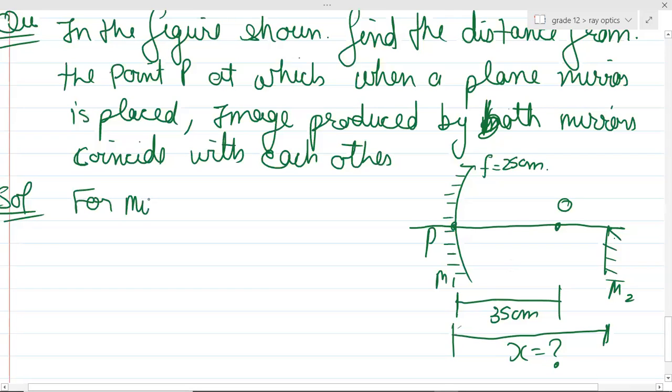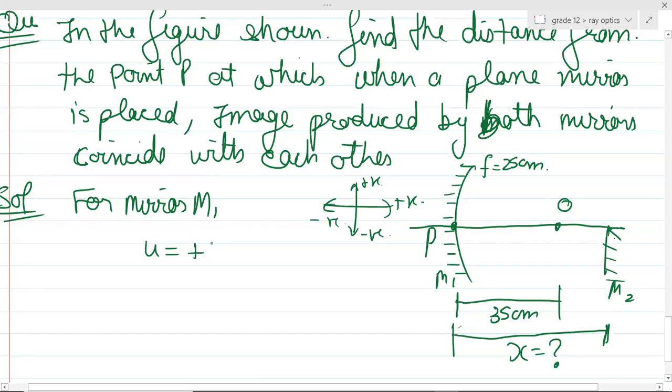So for mirror M1, convention guys, convention. Let's take the normal one. For mirror M1, tell me, the object distance, is it positive or negative?